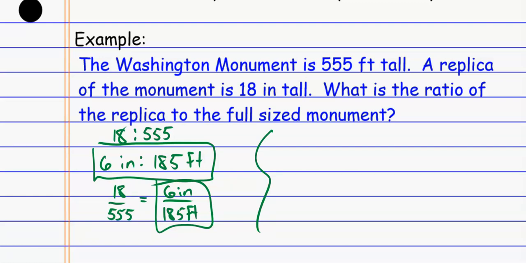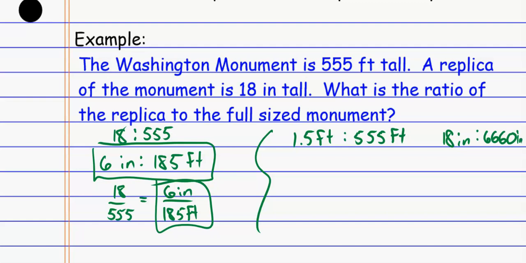There are two ways you could do this. You could say 18 inches is 1.5 feet. Or you can convert the feet to inches by multiplying by 12. I could leave this as 18, and then this would be 6,660 inches.